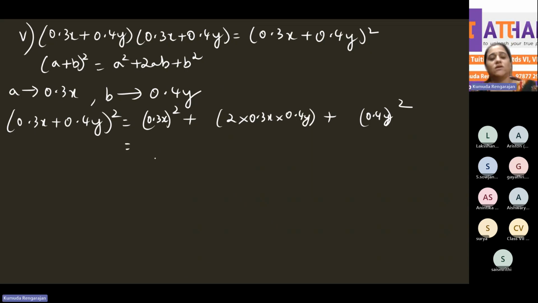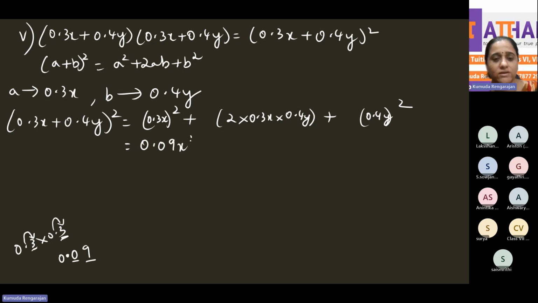Now we'll have to be careful. 0.3 into 0.3. 3 3s are 9. Now after the decimal point, there should be 2 digits because 1 here, 1 here. So the product should have 2 digits after the decimal point. So it should be 0.09.